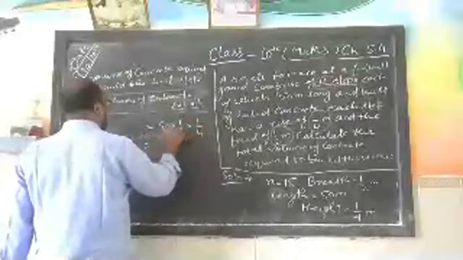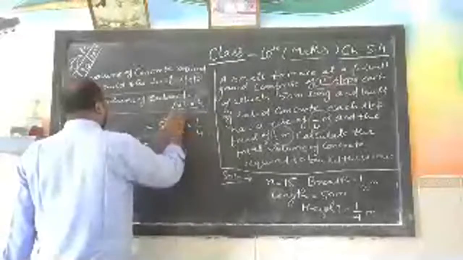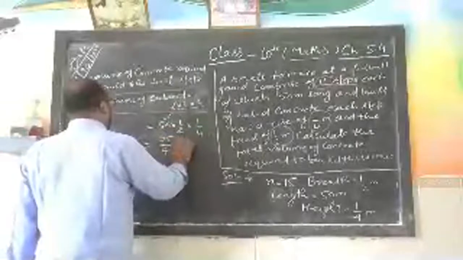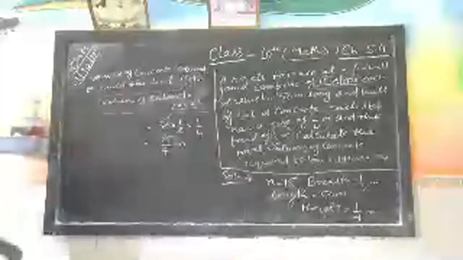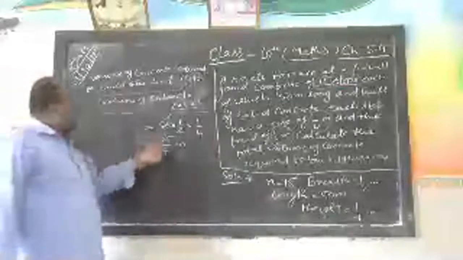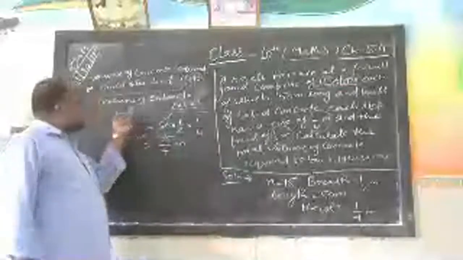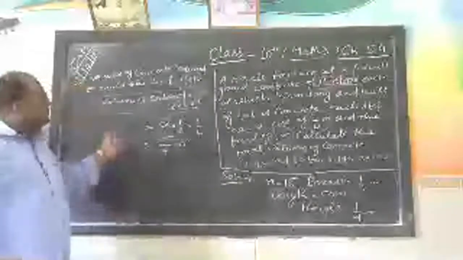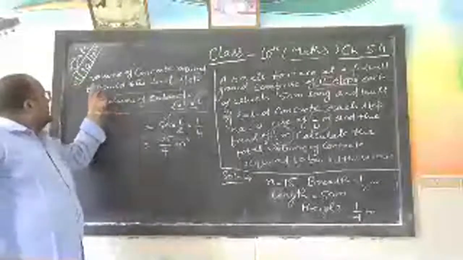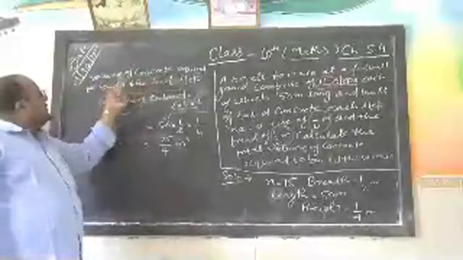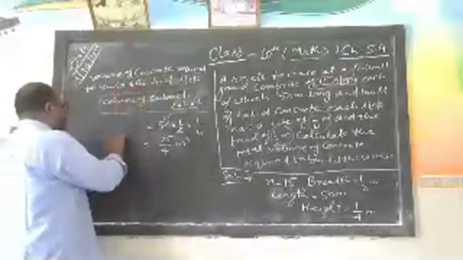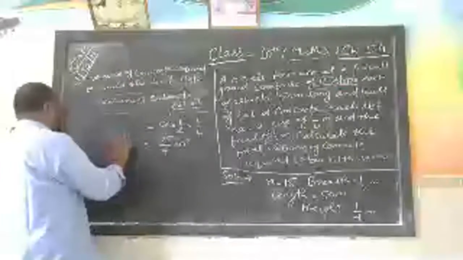So this is 25 upon 4 meter cube. Clear? It is the volume in meter cube, not meter. So the volume of the concrete required for step 1 is 25 upon 4 meter cube.